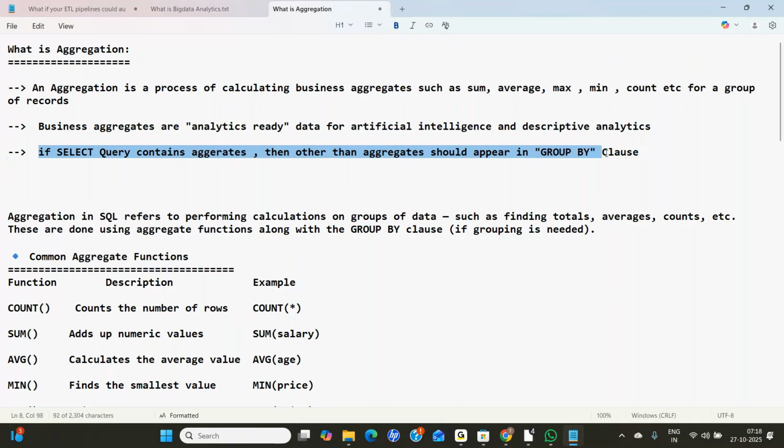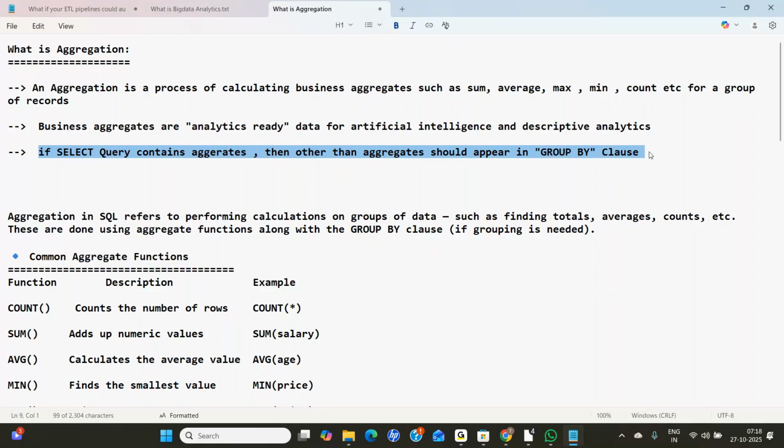If you remember this thumb rule, you can easily write the queries. Why? Because while developing the project case studies, we are certainly going to write these aggregates either in PySpark coding or SQL coding.